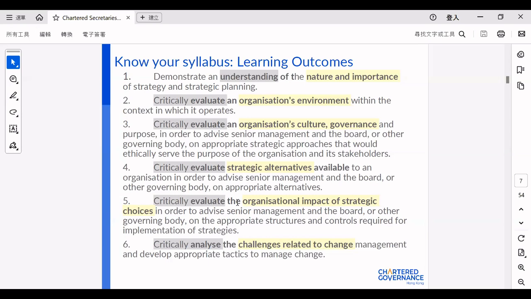When they say critically evaluate, critically analyze, things like that, that means you have to read, as I've said earlier, further from the facts of the case and see what is being implied from the facts of the case. And that makes the subject quite difficult, or more difficult than maybe the previous modules that you have studied.